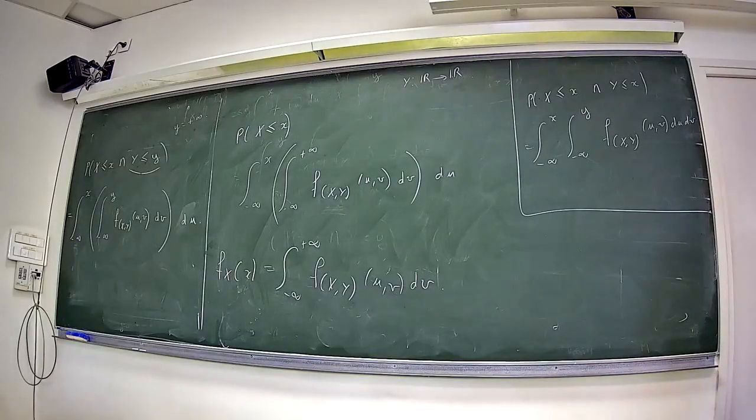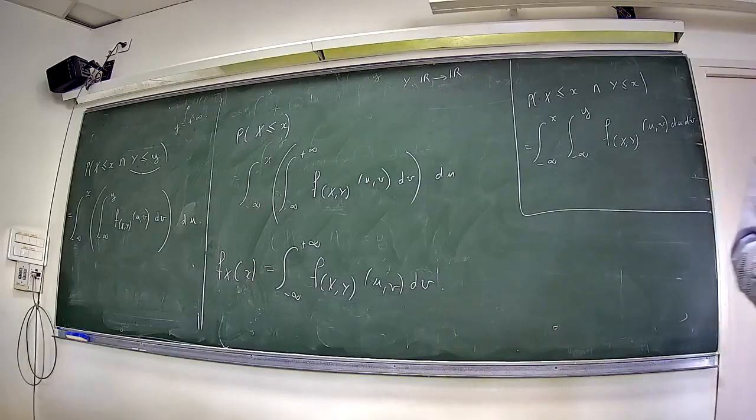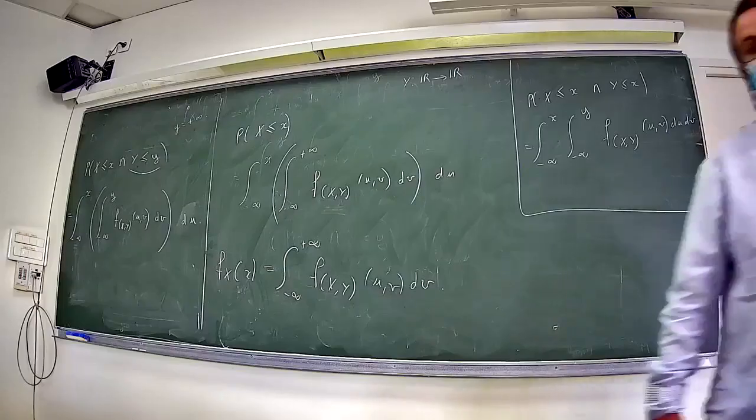And here, in the case of continuous random variables that are jointly continuous, you have a very powerful way to check if they are independent or not. They will be independent if and only if their joint density is equal to the product of the density of each component. And from now on, in order to prove independence in this case, it's what we are going to use to prove that the joint density may be expressed this way. Okay.